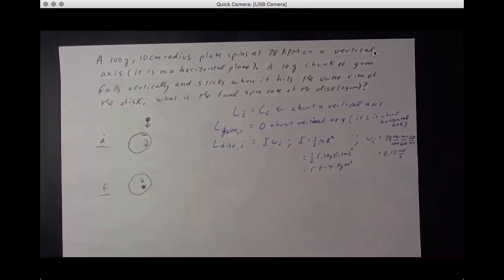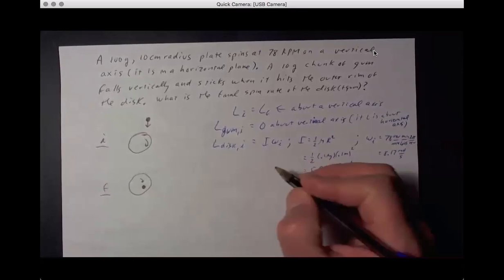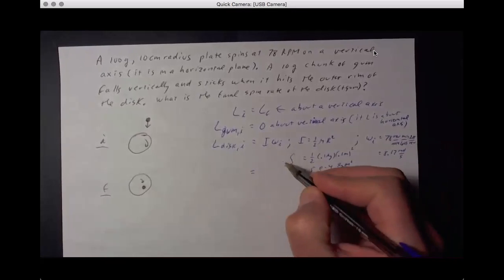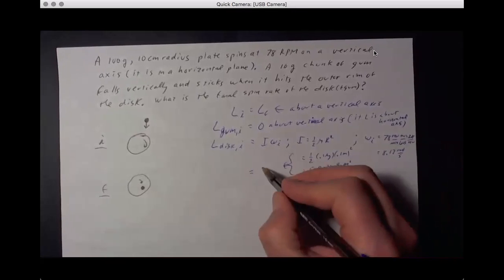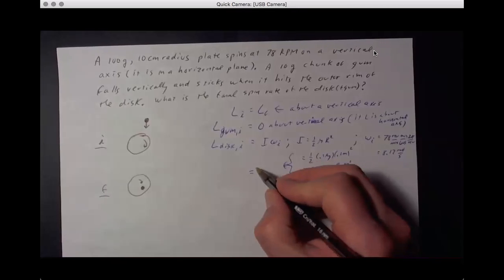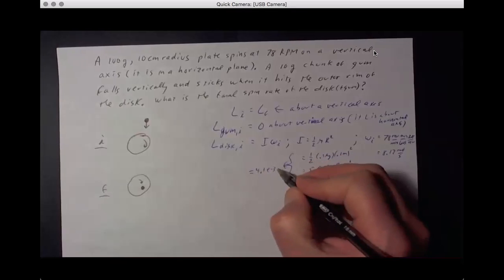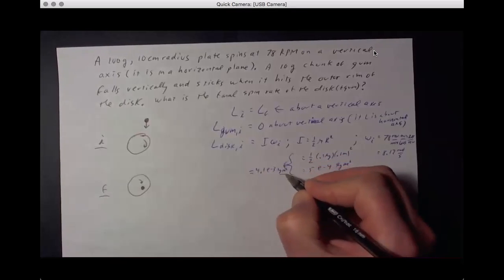So you bring them all in, multiply them out, it's 4.1 e minus 3 kilogram meters squared per second.